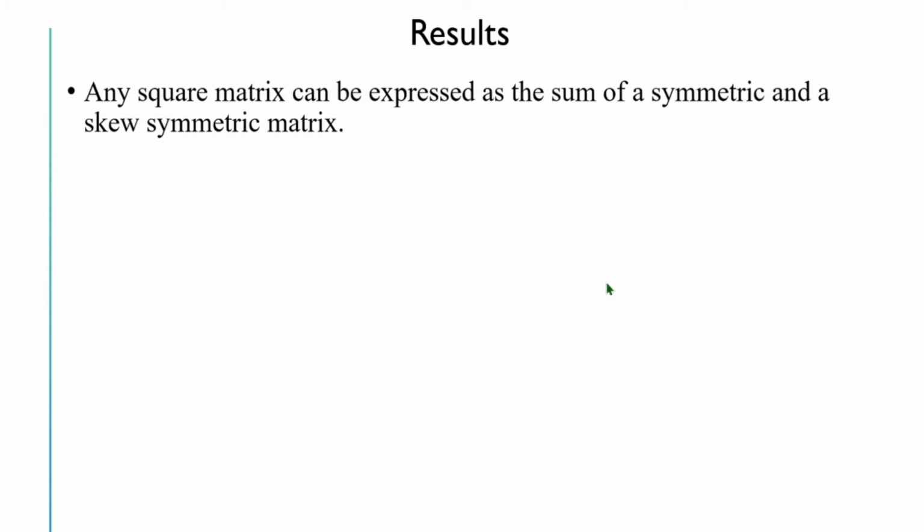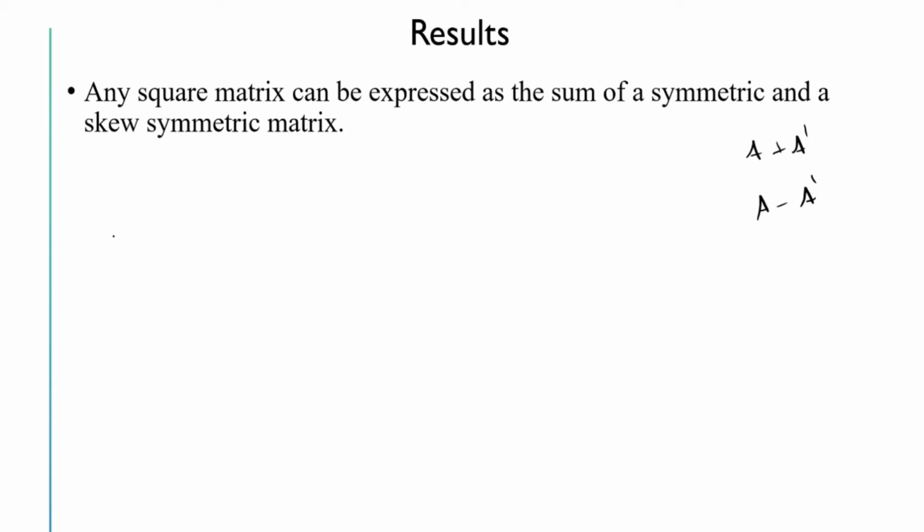The next result, it is the next theorem. Any square matrix can be expressed as the sum of a symmetric and a skew symmetric matrix. We just now saw that if A is any square matrix, then A plus A transpose is a symmetric matrix and A minus A transpose is a skew symmetric matrix.